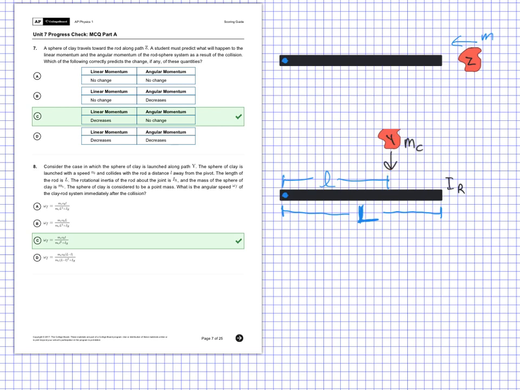So the way this works is we're going to conserve angular momentum. The L of the system equals the L of the clay plus the L of the rod. And beforehand, the rod isn't moving, so there is no angular momentum of the rod. It's not spinning at all, but the piece of clay moving at this exact length, lowercase l, away, can be written with angular momentum.